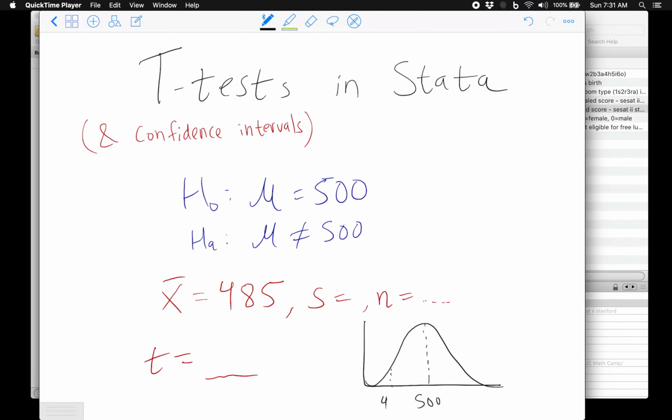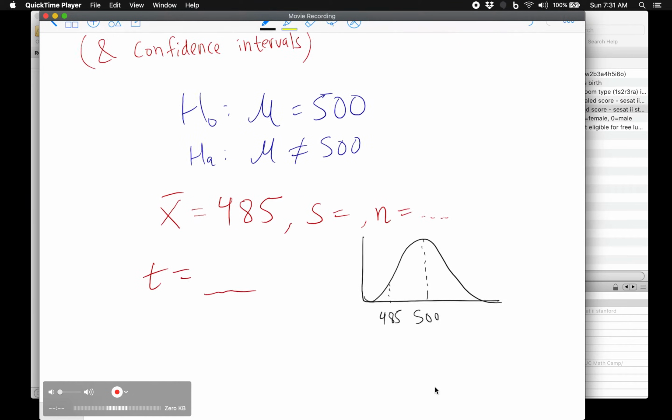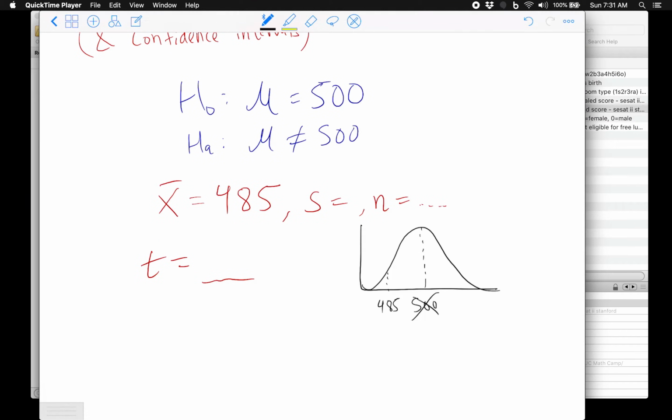So the question is, is 485 far enough from 500 for us to reject 500 as a reasonable guess? The farther it is, the lower this p-value is, because there's less area. If it's a two-sided test, you would technically also include the other side. But anyway, we're looking for this area, the p-value.